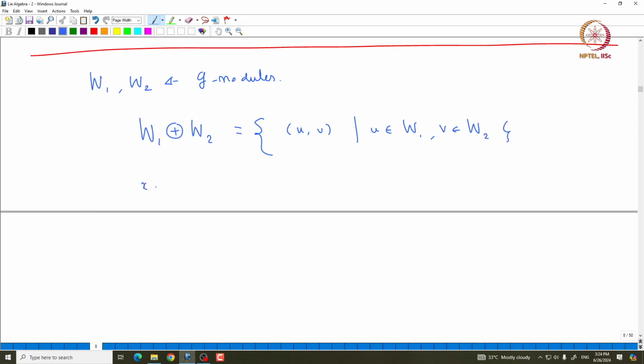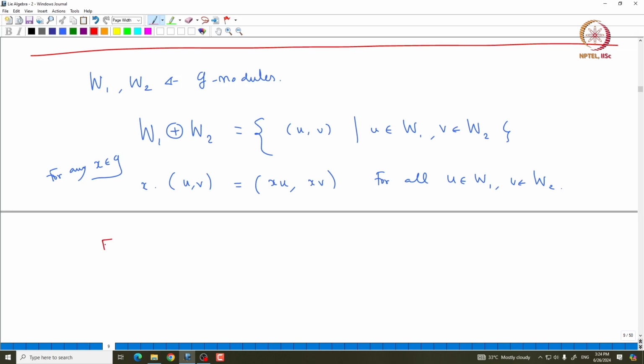Now what one can do is define the action of G, for any x in G. You define this action of x on (u, v) by (xu, xv), for all u in W1 and v in W2. Then it is an easy exercise to see that this indeed gives an action of G on W1 direct sum W2.